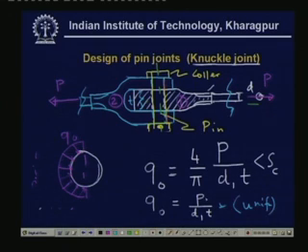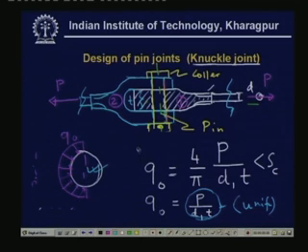But normally, because we want a very simple design, not very complicated, we want answers in the simplest way. So we design based on this second assumption, and in future also, when we want to find the crushing strength, we normally use this uniform pressure assumption.